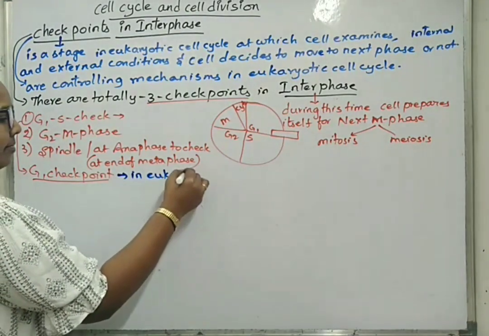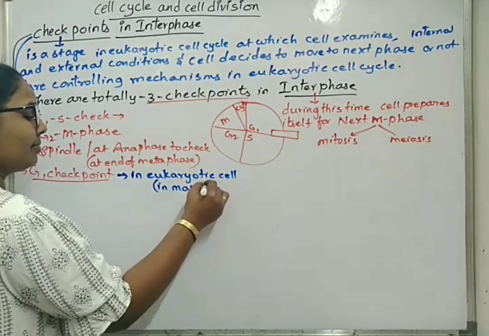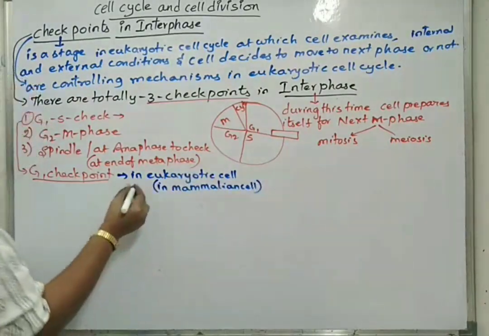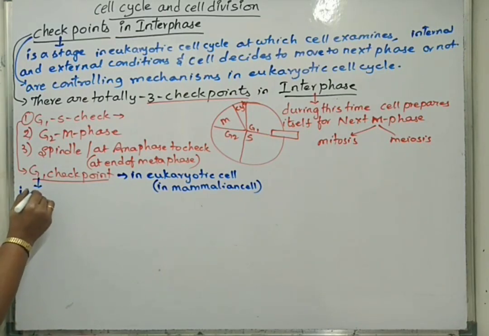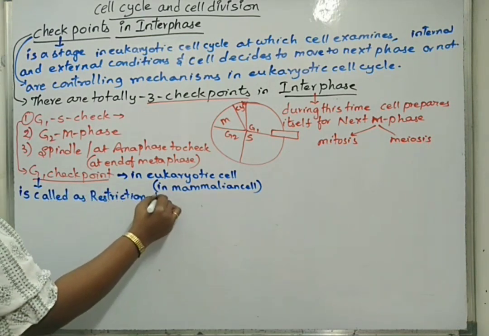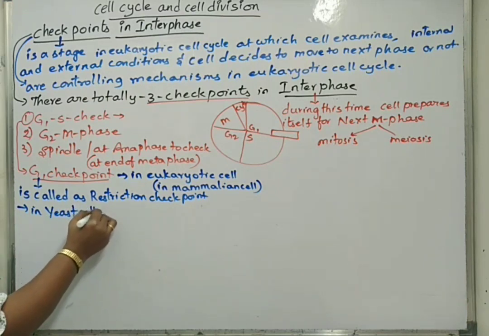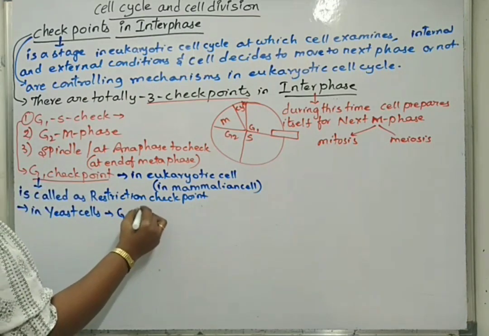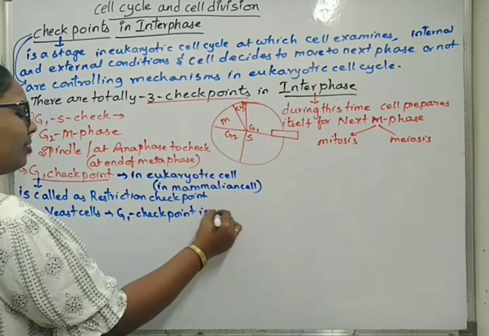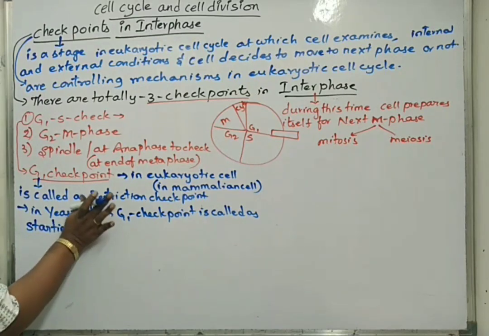In eukaryotes, in mammalian cells, this G1 checkpoint is called the restriction checkpoint, and in yeast cells, this G1 checkpoint is called the starting checkpoint or start point.